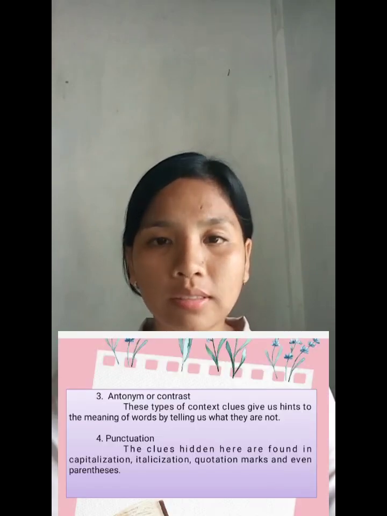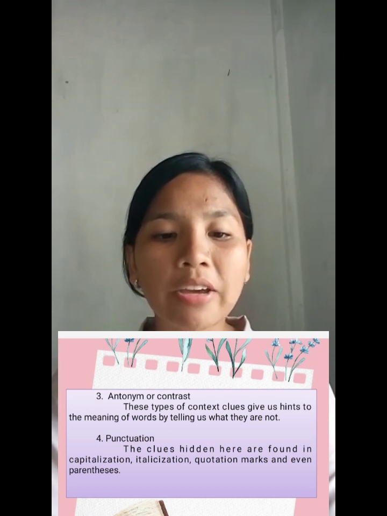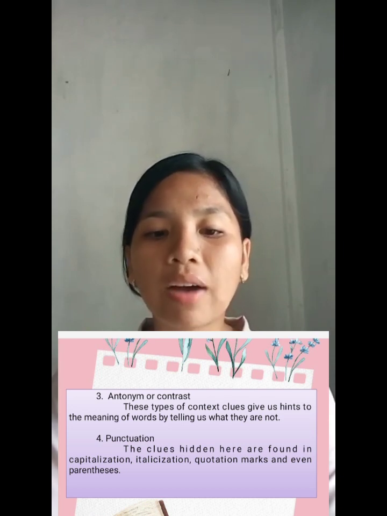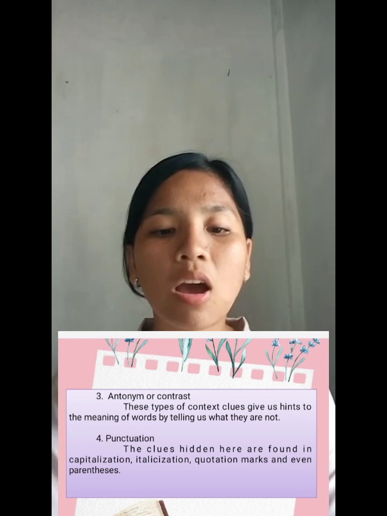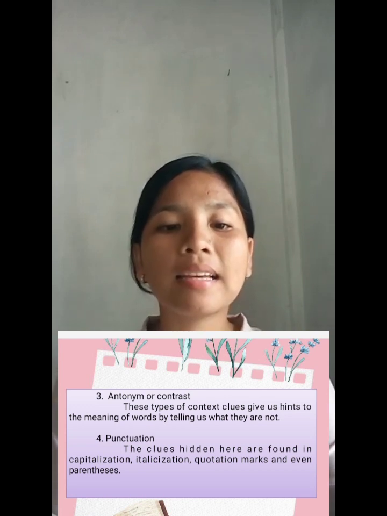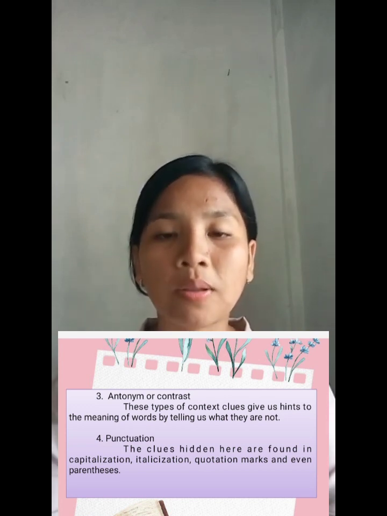Alright, I would like to continue to explain our material about types of context clues, especially number 3 and number 4. The third is antonym or contrast. This type of context clue gives us hints to the meaning of words by telling us what they are not.